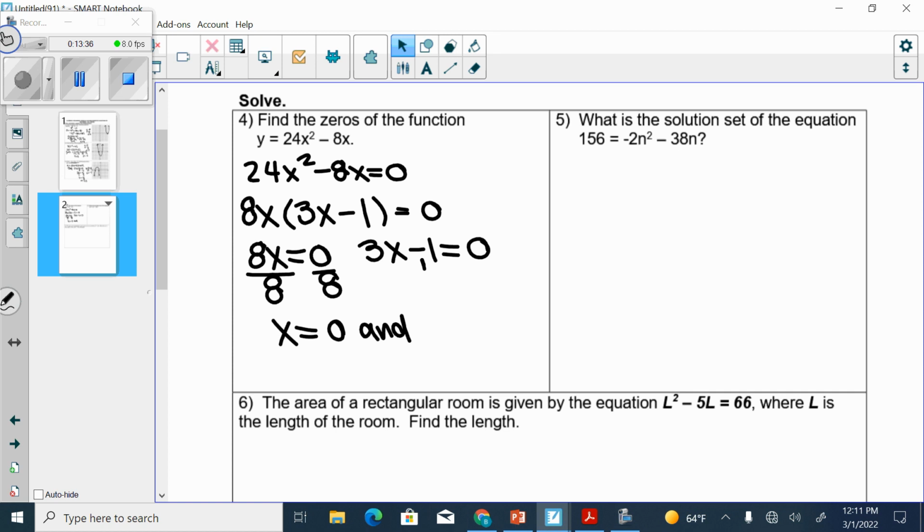Add 1. So 3x equals 1, and then what? Divide. And can I actually divide 1 by 3 and get a whole number? No, so we're just going to leave it as x equals 1/3. And there's my two solutions.